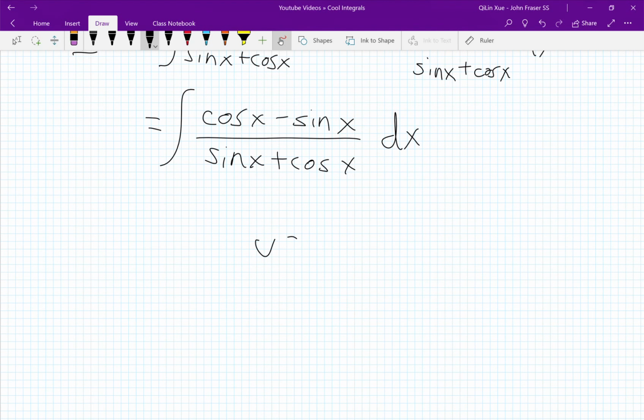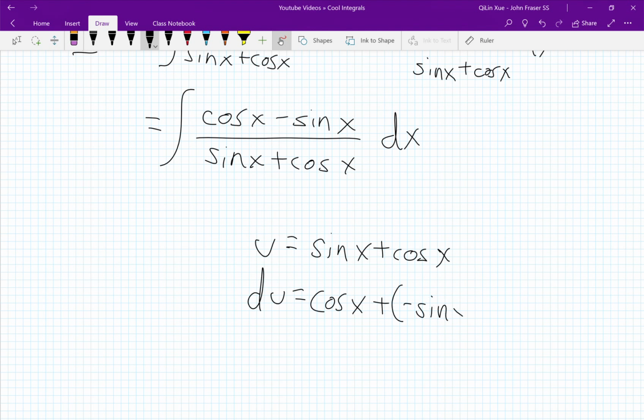Let u be the denominator, which is sine of x plus cosine of x, and du is just the derivative, which is the derivative of sine of x, cosine of x, and the derivative of cosine of x is negative sine of x, and don't forget dx.